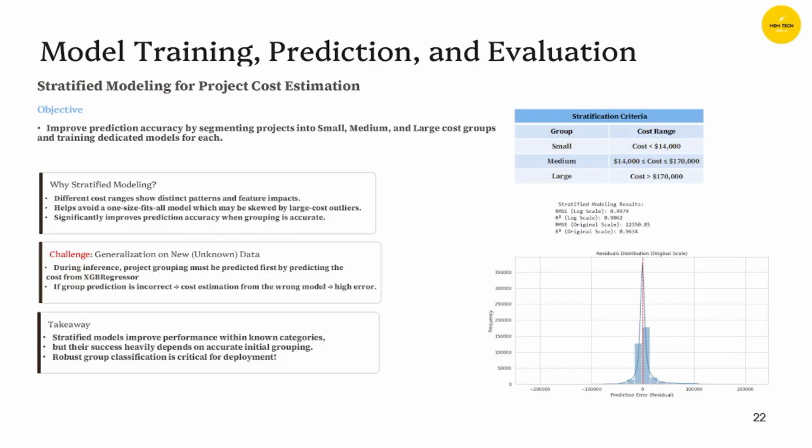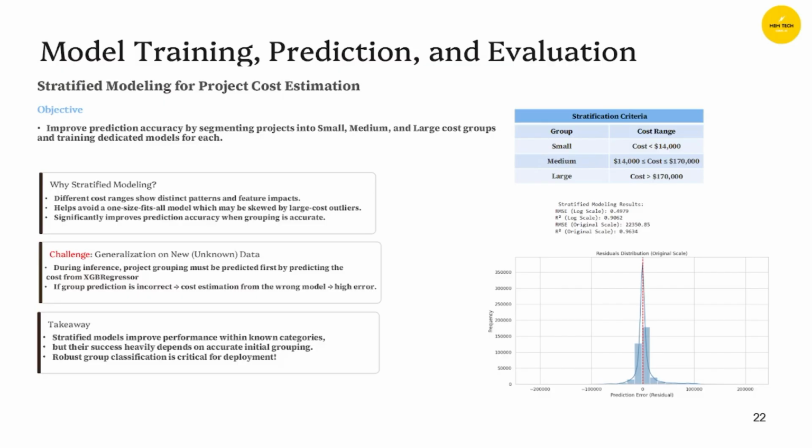So if the grouping is accurate, and I consider the data and create the groups, then it is giving good accuracy. Here you can see the root mean squared error is coming to 22,350 and the R2 score is 0.9634. So it is quite good.